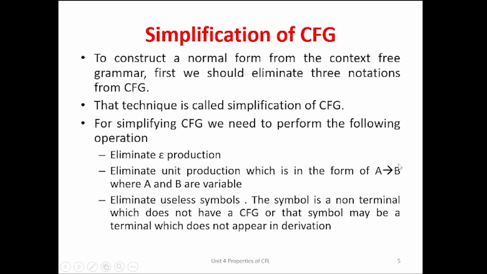If a production contains only one non-terminal on its right side, it is called a unit production. These productions must also be eliminated. This is step 2, and in step 3 we eliminate useless symbols. There are 3 different cases.